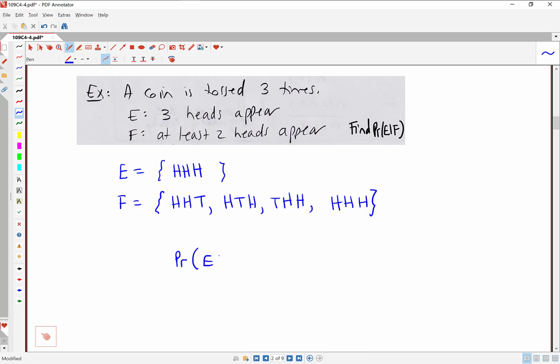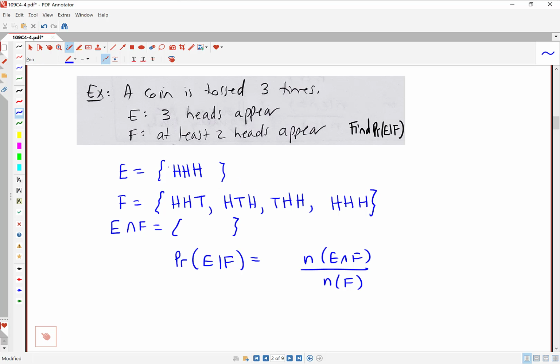So probability of E given F, we need the number of elements in E intersect F divided by the number of elements in F. What we're going to need to complete this formula is to figure out what E intersect F looks like. Remember, for the intersection of 2 sets, you're just writing down any elements that are common to the 2 sets.